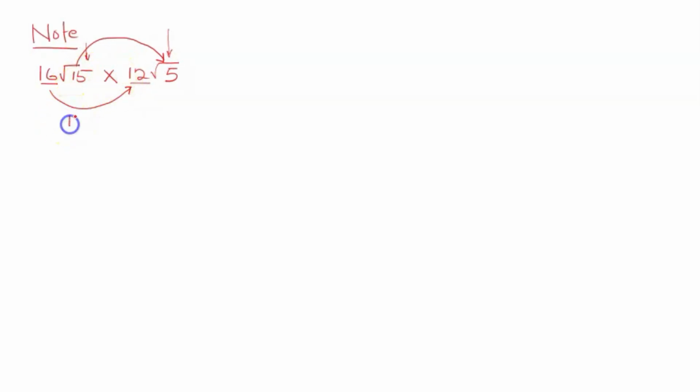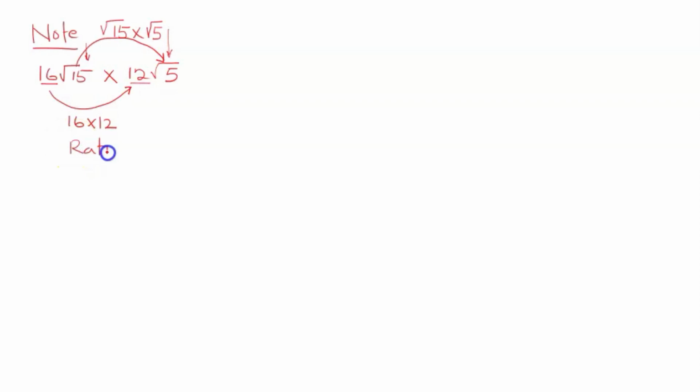So here we are going to have 16 times 12. And on the other side, you are going to have root 15 multiplied by root 5. You see, this is what you are going to have. The coefficients, the rational parts, are multiplying one another. The irrational parts are also multiplying one another. Are we following?